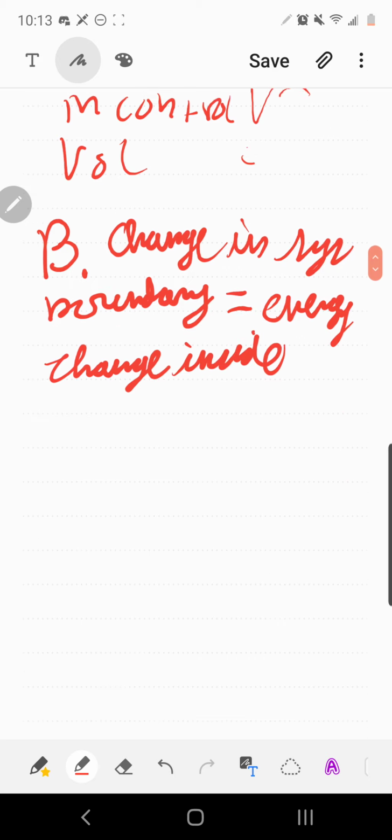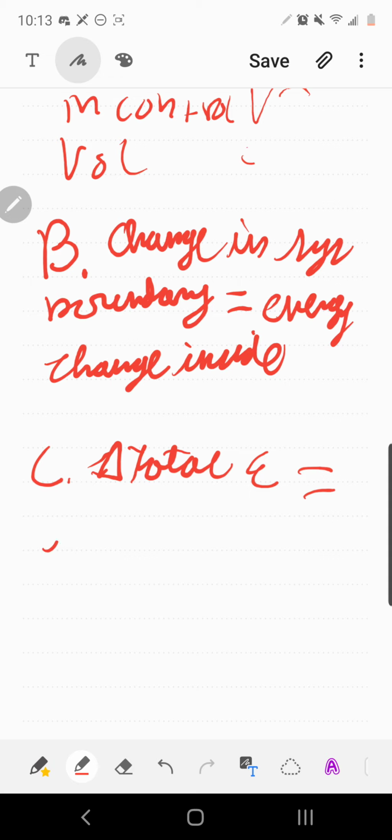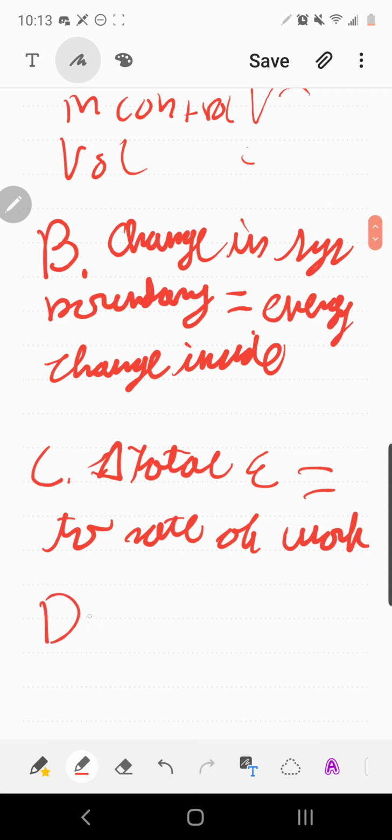Okay, C, which is the change of total energy, so delta total E equal to rate of work, and then D, all real processes.